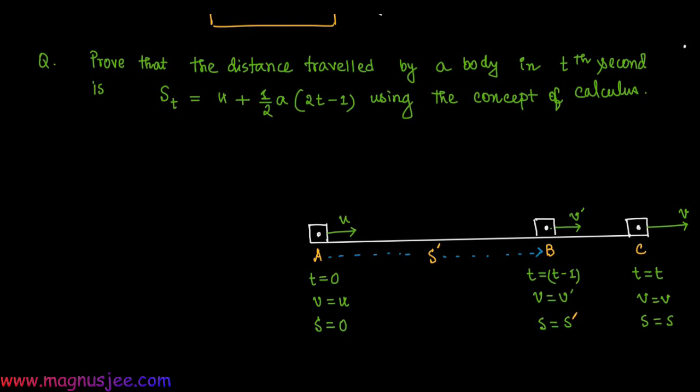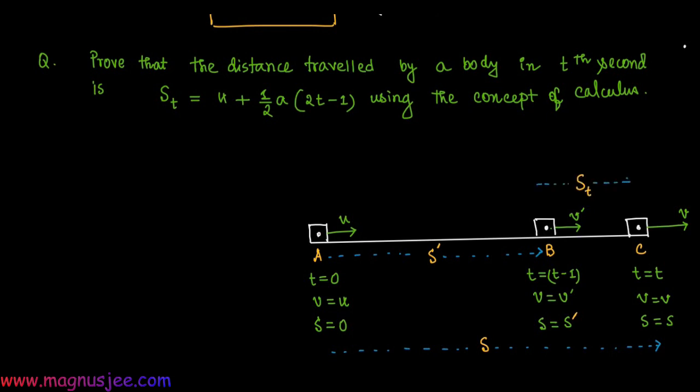The distance traveled by the body from A to C is s, and from A to B is s prime. S is the distance traveled by the body in t second, and s prime is the distance traveled in t minus 1 second.